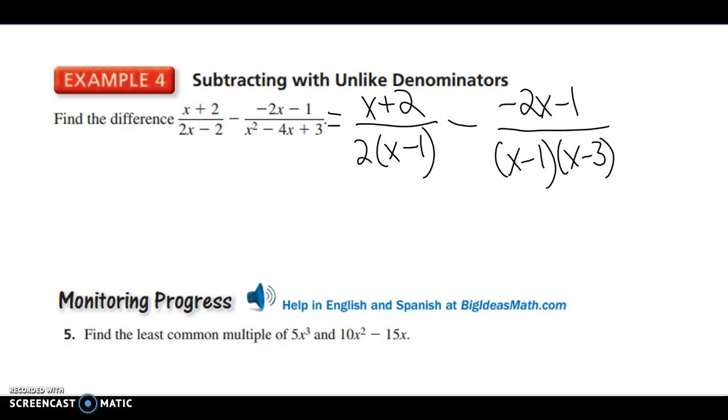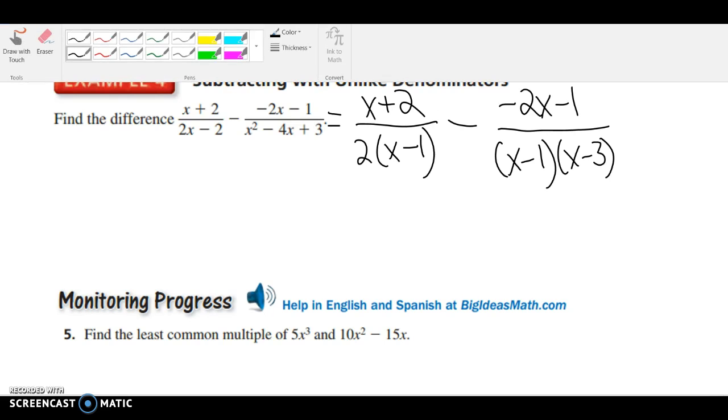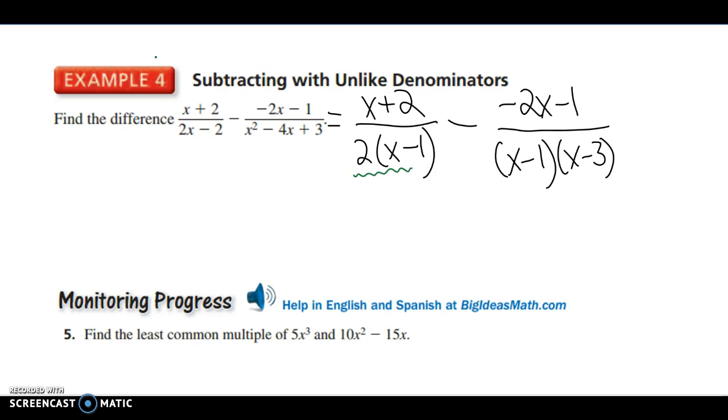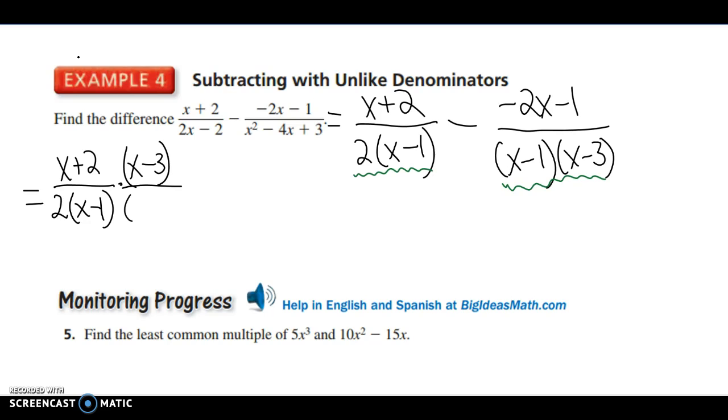Now to get a common denominator, I see I have 2 times x minus 1 here, and I have x minus 1 times x minus 3 here. So I'm just missing the 2 in my second fraction, and I'm missing the x minus 3 in my first fraction. So when I rewrite this, I'm going to say x plus 2 over 2 times x minus 1, times x minus 3 over x minus 3.